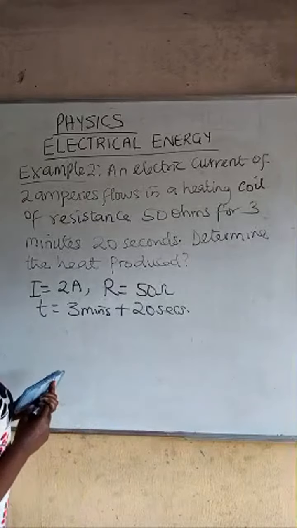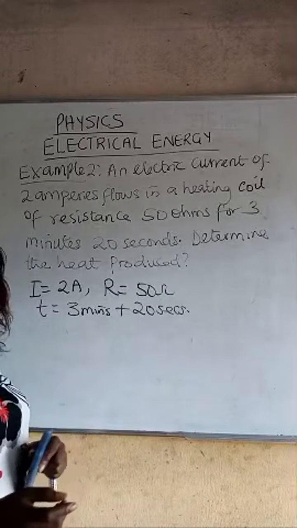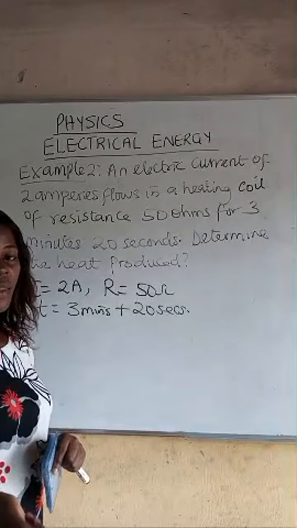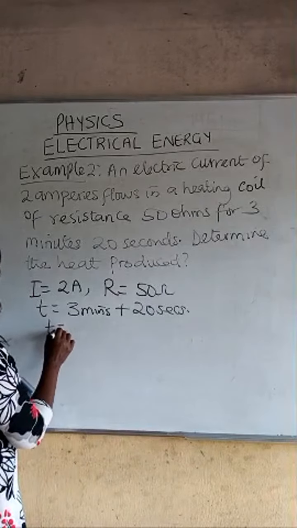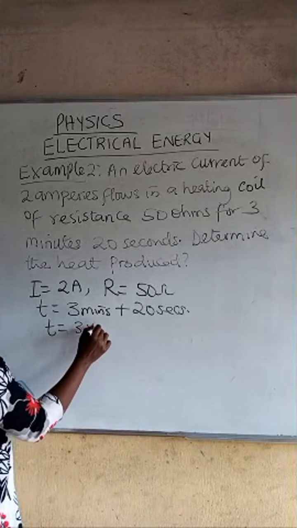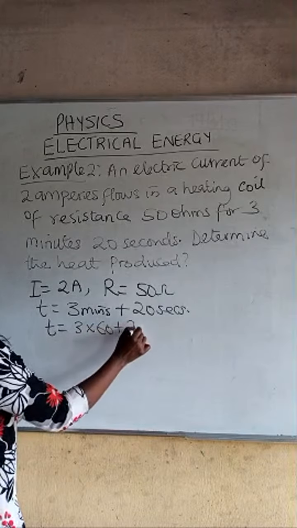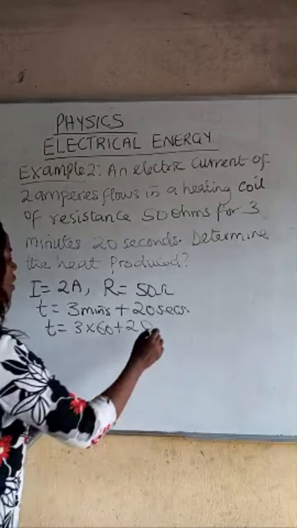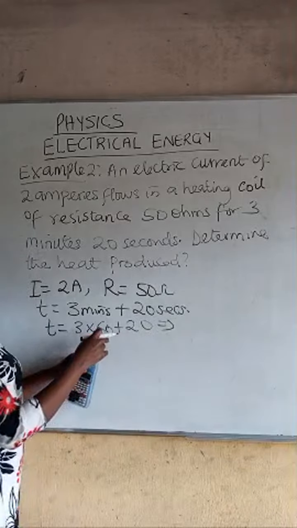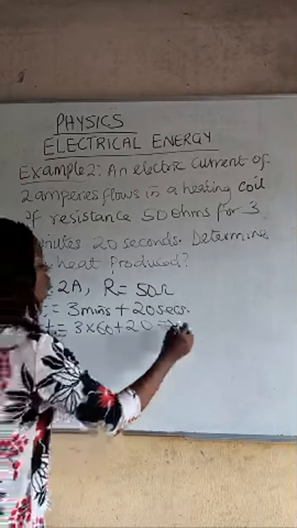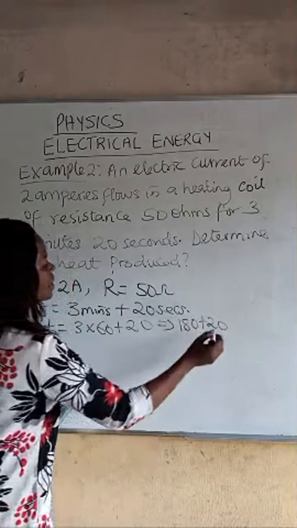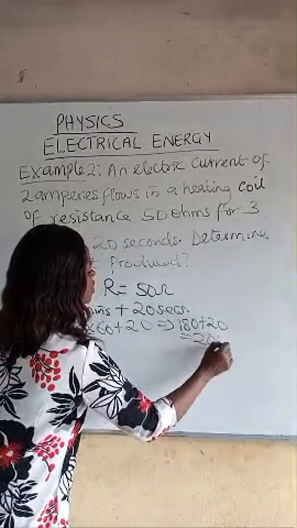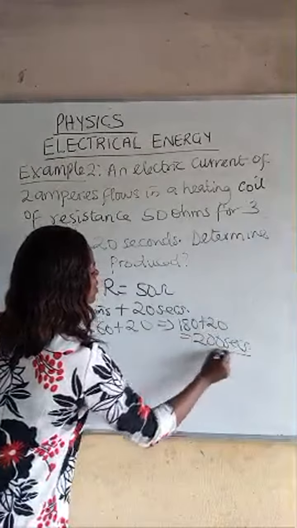To convert minutes to seconds, we multiply by 60, because 60 seconds makes 1 minute. So T is equal to 3 times 60 plus 20. 3 times 60 is 180, 180 plus 20 gives 200 seconds.